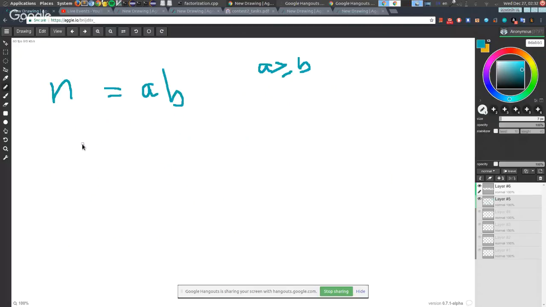We can't have that b is greater than the square root of n, because if this is true, this would imply that also a is greater than the square root of n, and that a times b is greater than n, which is wrong.